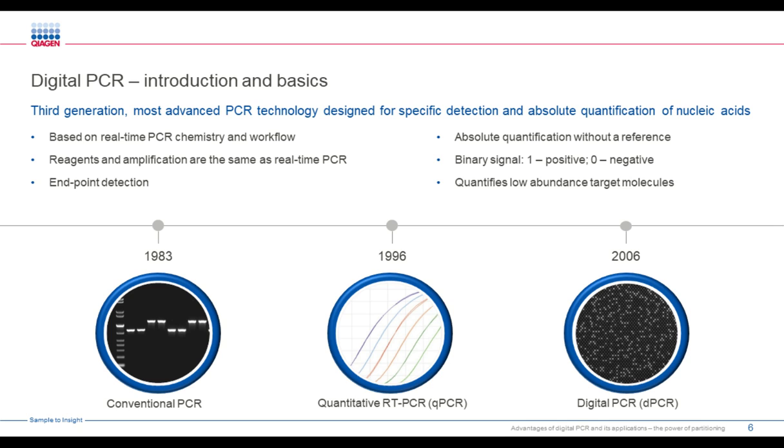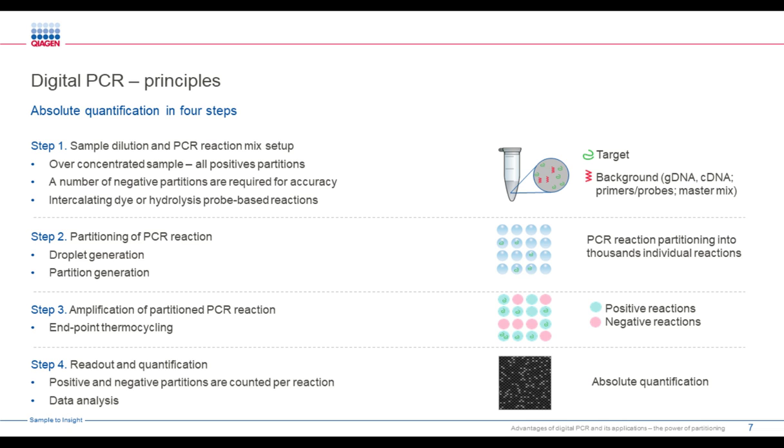But because we are using the intercalating dyes or the chemistry for real-time PCR, we can do the endpoint measurement, what we did in a gel back in 1983, now in 2020, in a much higher resolution. It means it's not based on efficiency. And of course, since it's a yes or no answer, it's either positive or negative. It's nothing in between. And it gives us absolute quantification.